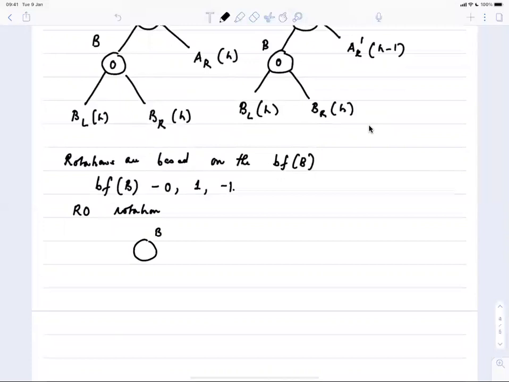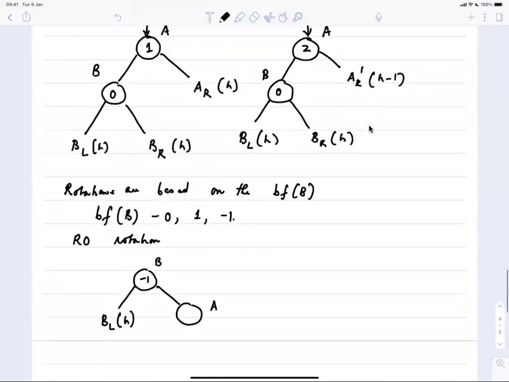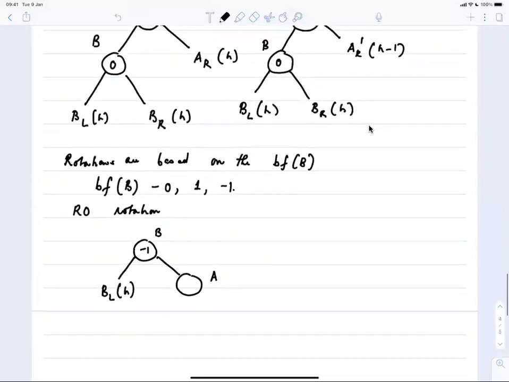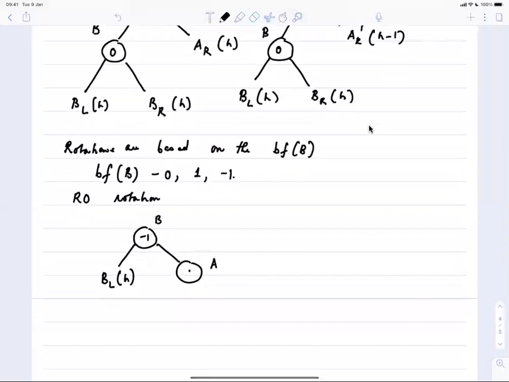So B becomes the root, we get a -1 here, and this is left H, A, and so this will reduce it, and this will become 1. We'll have BR of H, AR prime of H minus 1.